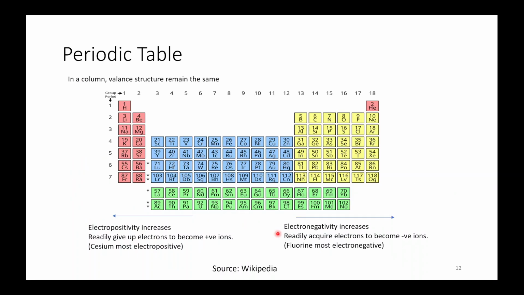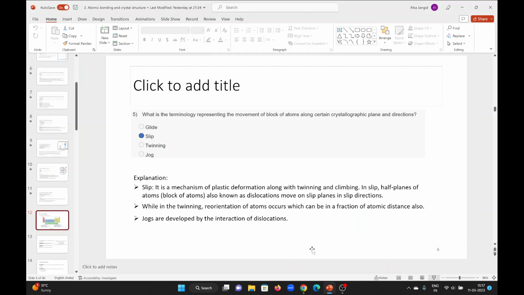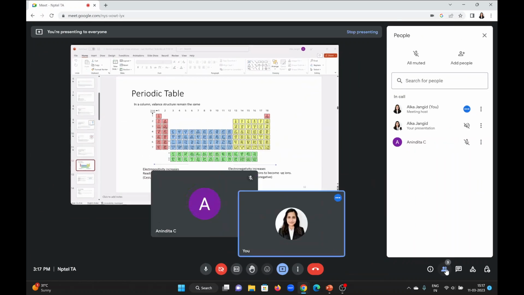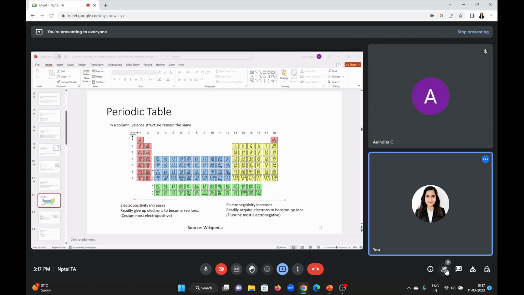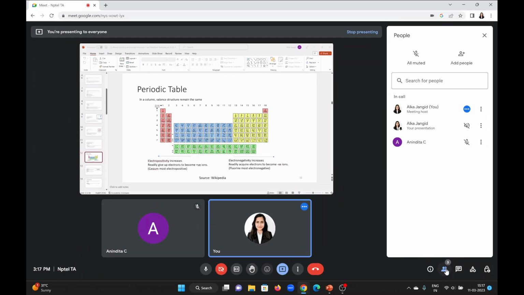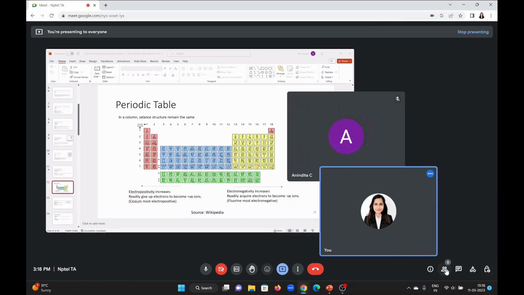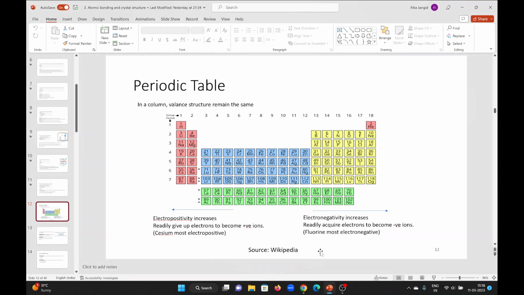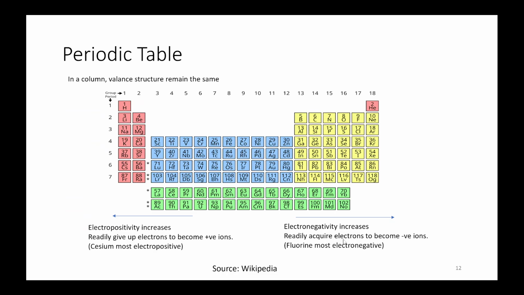Now we'll be going through some lecture slides. For understanding atomic bonding and crystal structures, understanding the periodic table is necessary.